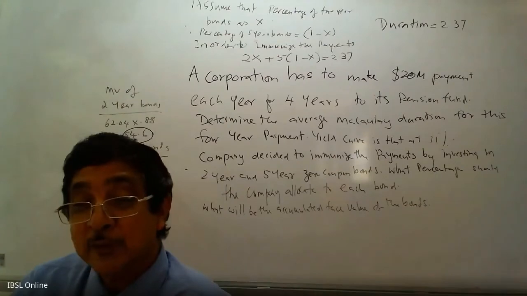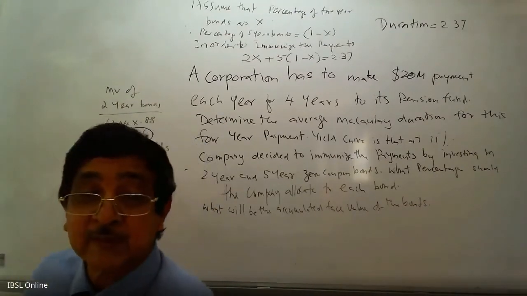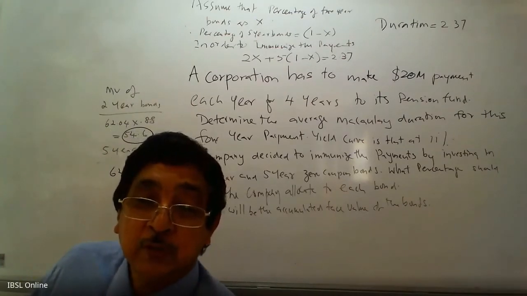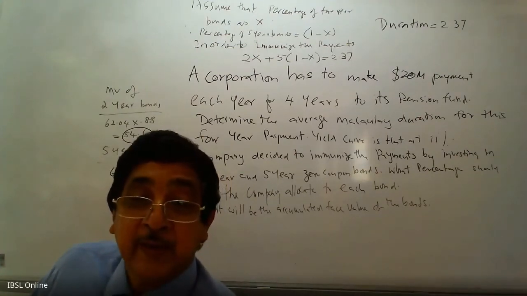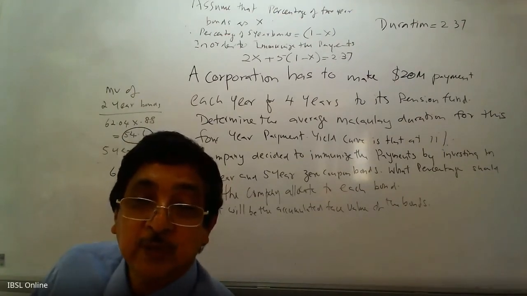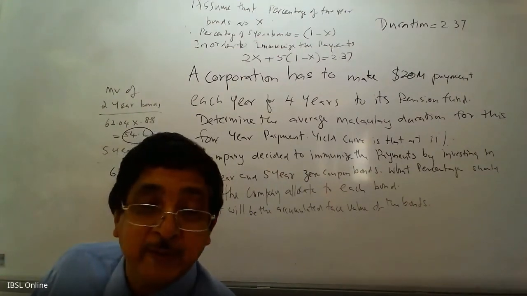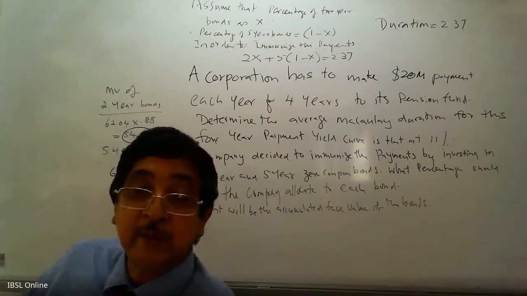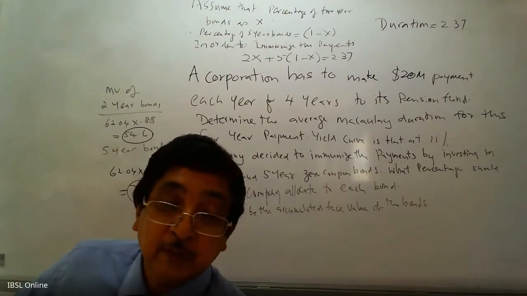So therefore, the face value would be 54.6 into 1.11 to the power 2. That is the face value of 2-year bonds. Calculate the value for that. That will become 54.6 into 1.11 to the power 2, because it is a 2-year one.